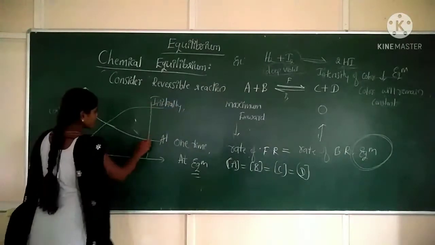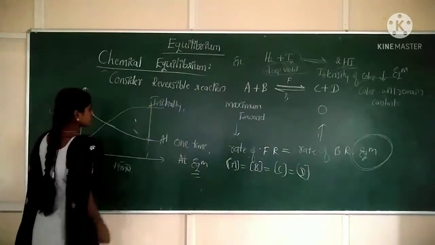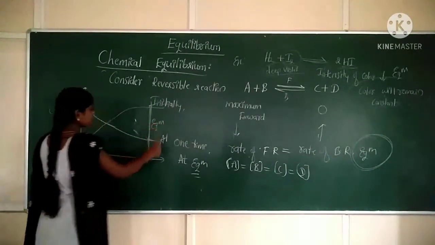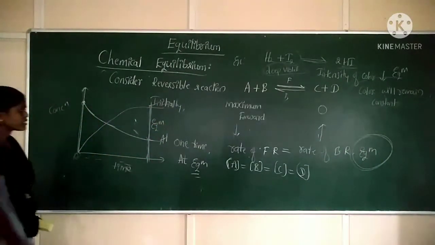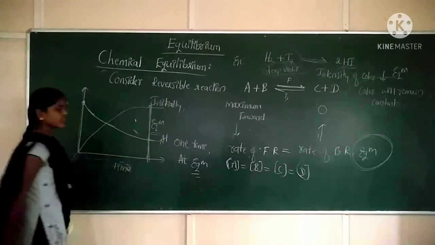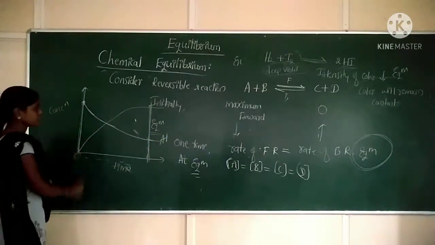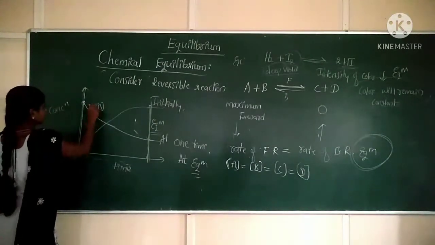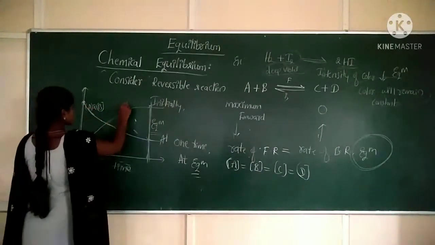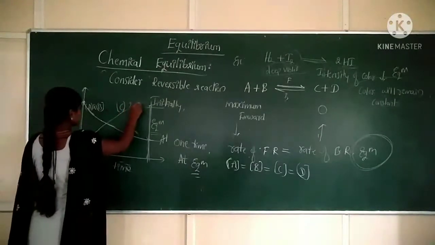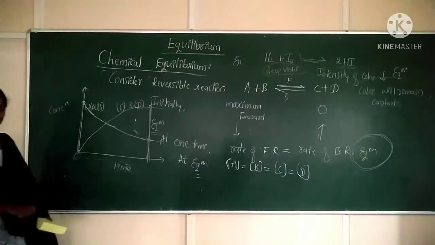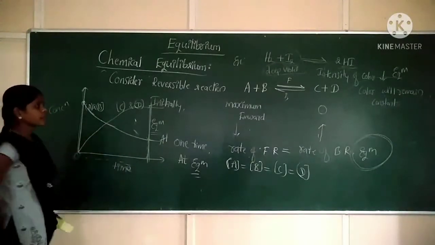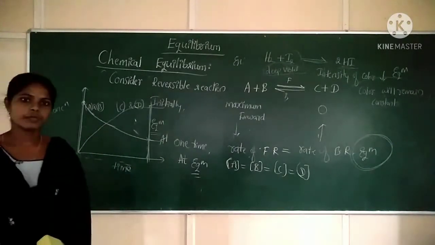So that point is said to be what? Equilibrium. That state of a reaction is said to be equilibrium. Correct? So this is a graphical representation of the concentration of A and B. This one is the concentration of C and D. Or you can take any one reactant or one product. So this is the graphical representation of chemical equilibrium.